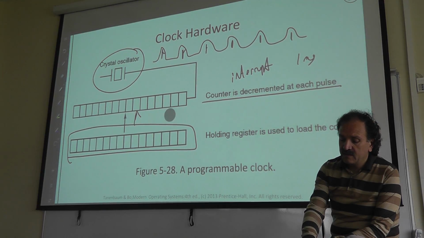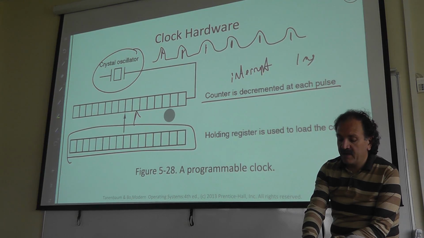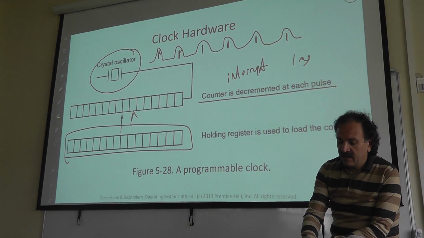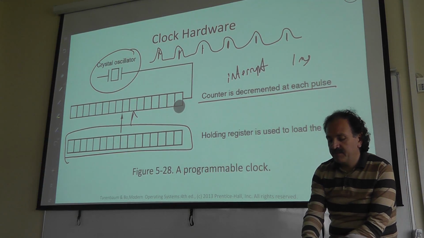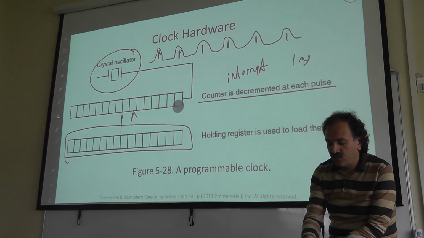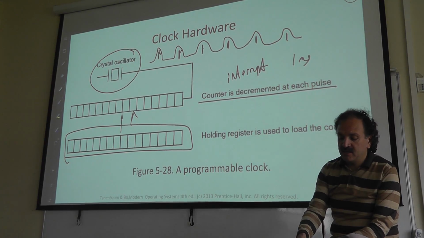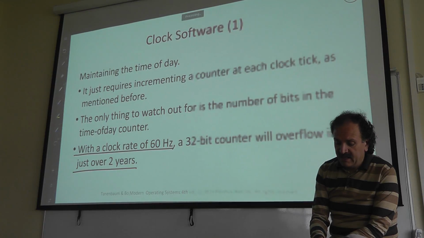Remember, this one is being decremented by 1 at each oscillator tick, and when this number reaches 0, an interrupt is created. How many times an interrupt is created depends on your operating system needs.